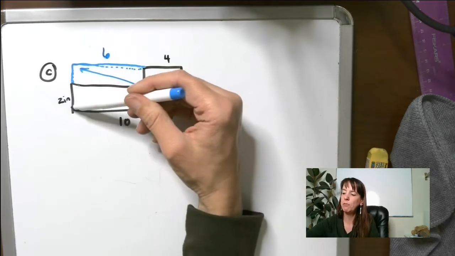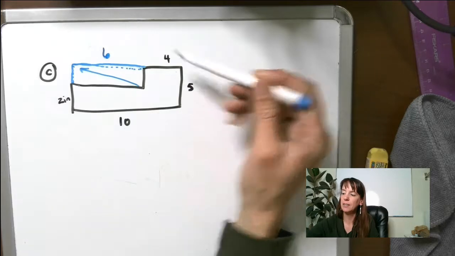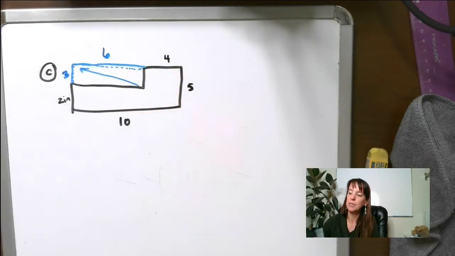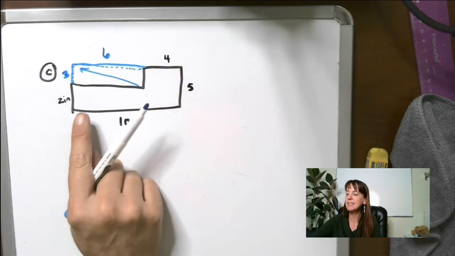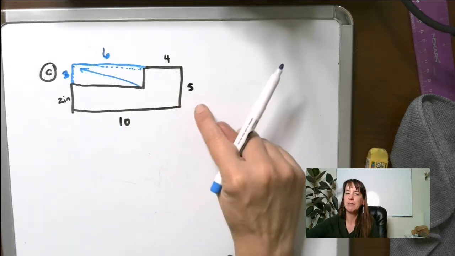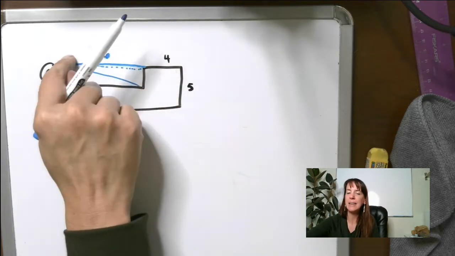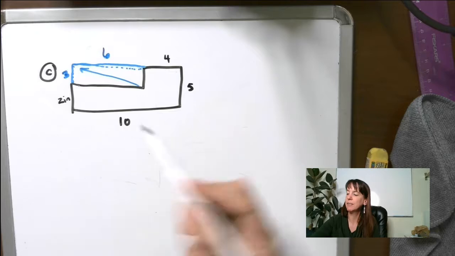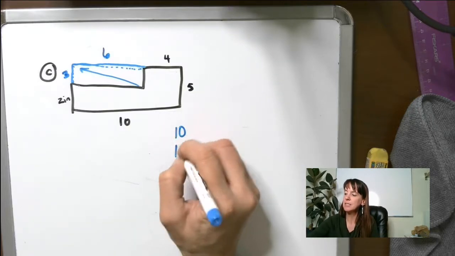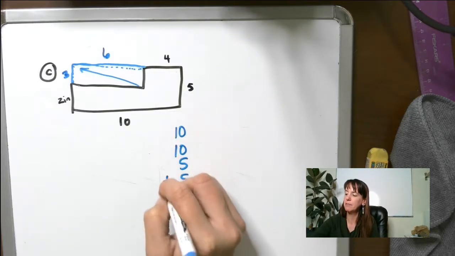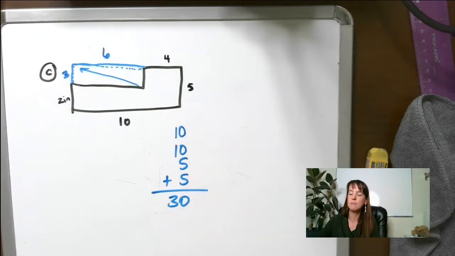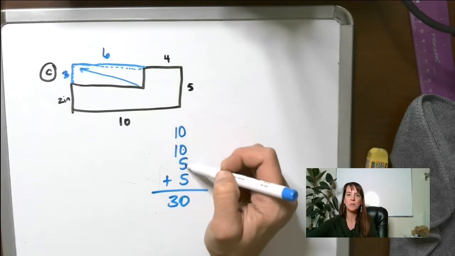This is all 5 because it's 5 right here. So 4 plus 3 would give us 5. So you can see that it is 10 by 5 by 10 by 5. So 10 plus 10 plus 5 plus 5 gives us 30. So that's 20, 25, 30.